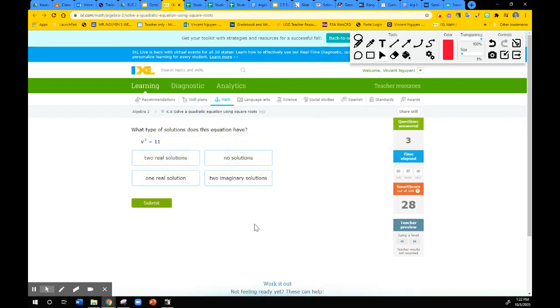All right, we also talked about the number of solutions when we are doing square root. Okay, so we know when we square root a positive number like 9, we're going to get two answers, a plus 3 and a minus 3. So that's two real solutions.